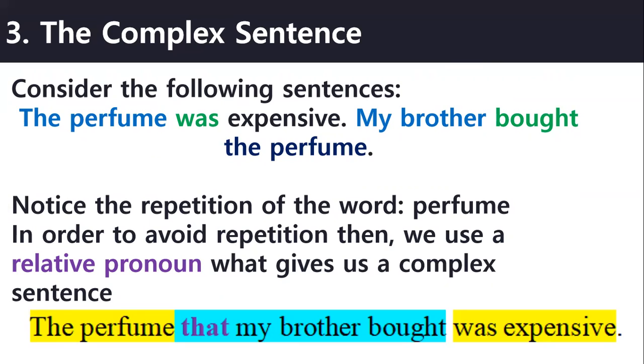So, in order to avoid this repetition, we use a relative pronoun that gives us a complex sentence, which is: the perfume that my brother bought was expensive. That replaces perfume and allows us to avoid repetition, making the two independent clauses into a complex sentence.